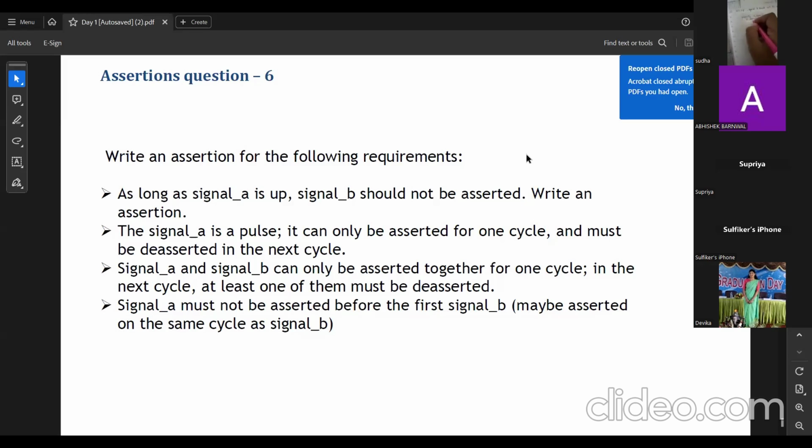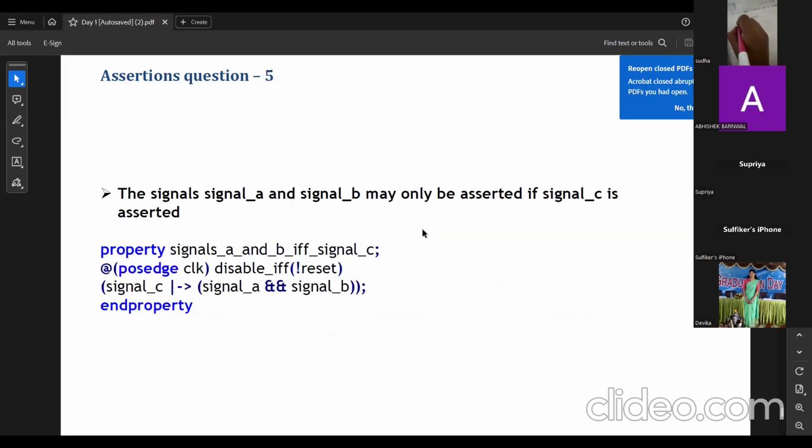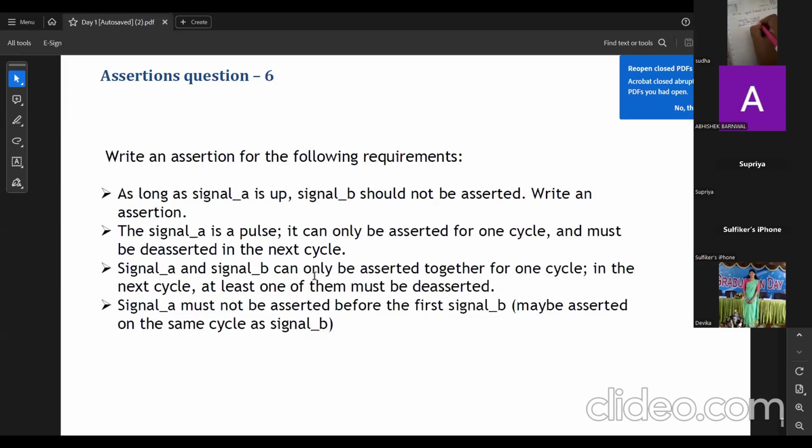For suppose you don't want to evaluate this assertion if there is reset, then how will you write? You will write using some construct, like disable iff, that you can mention. This is the disable underscore iff not of reset, like that you can write.